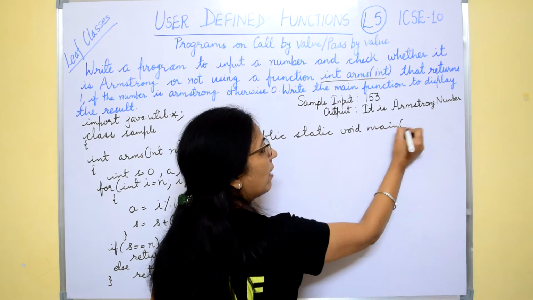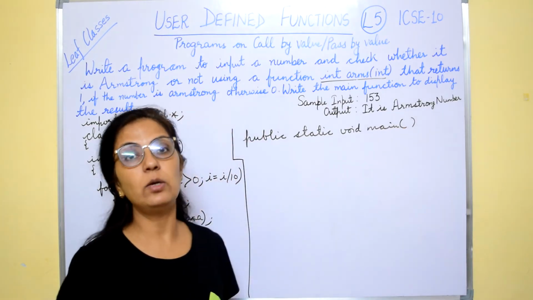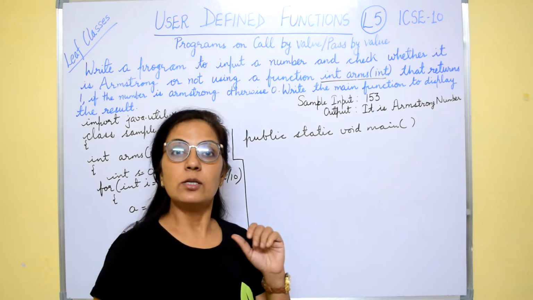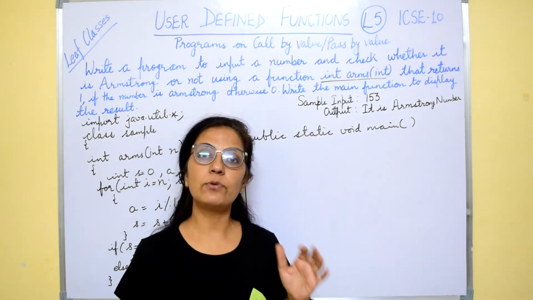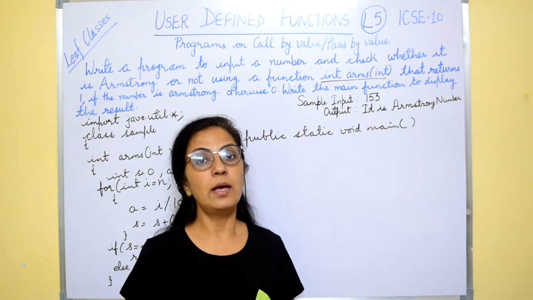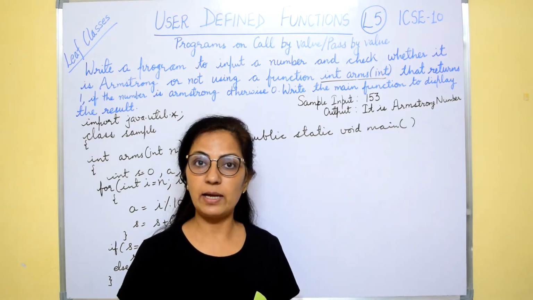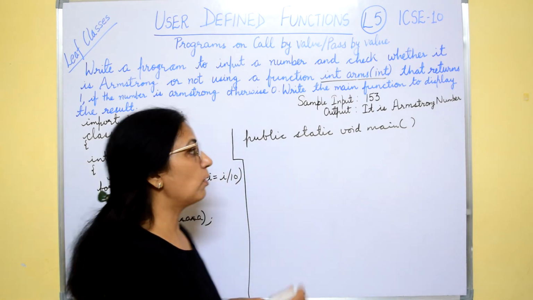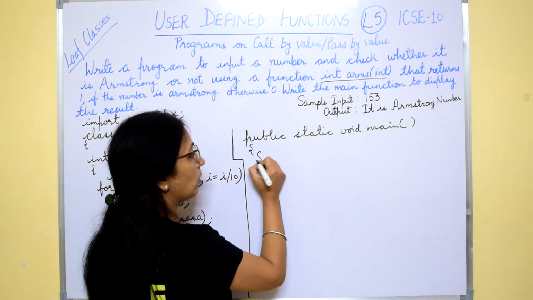And since we have to input a value, the number will be input in this function and passed on there. So in whichever function you have to input from the user during the execution, and we are using the scanner object, in that function itself you have to create the scanner object.